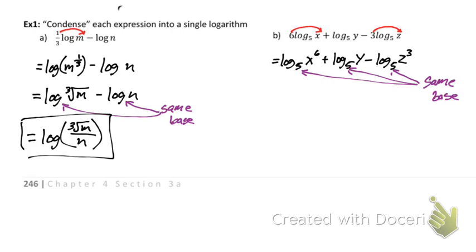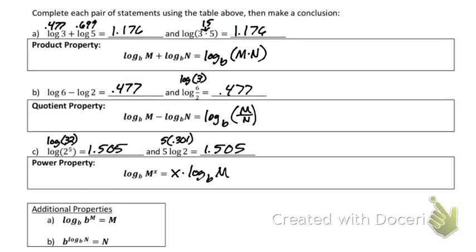So we are going to work left to right, because they both have the same power. Multiplication, division, you don't do any one in front of the other. In that case, you work left to right. So I'm going to work from here to here. I'm going to look at that addition sign first. That addition sign tells me I am doing my product property.